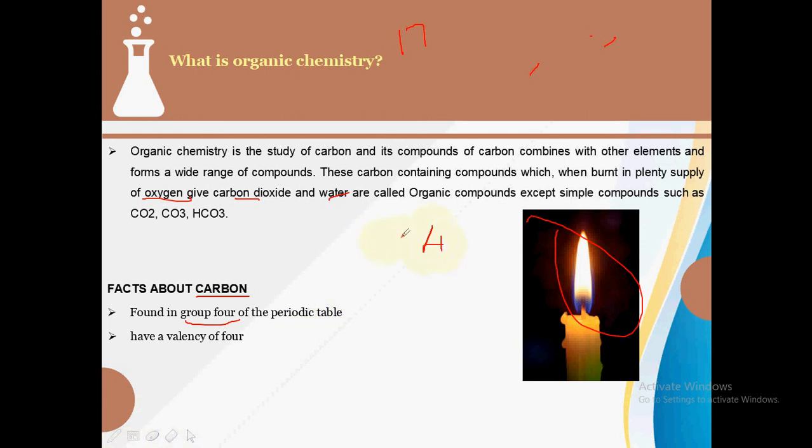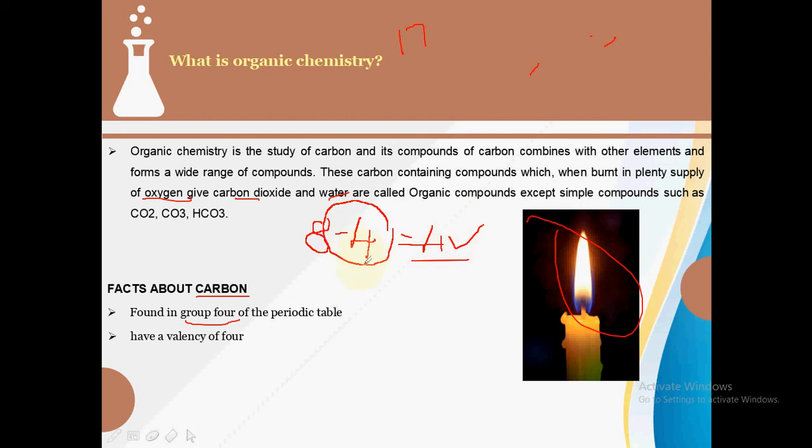Out of the 8 groups that we have, it is in group 4, so we subtract the group number and we get 4 as the valence. So this is the valence for carbon. If it has a valence of 4, it has 4 electrons in the outermost shell.